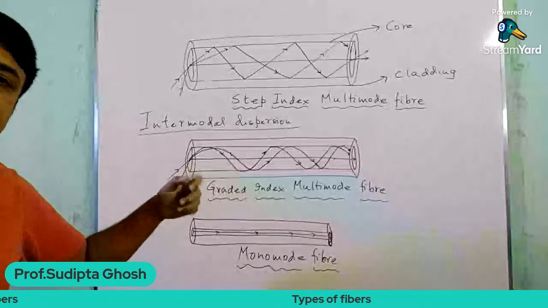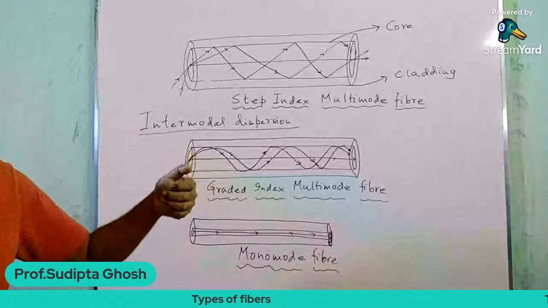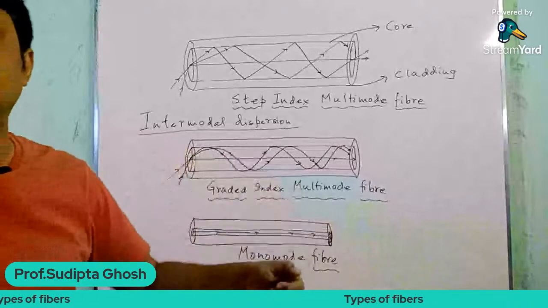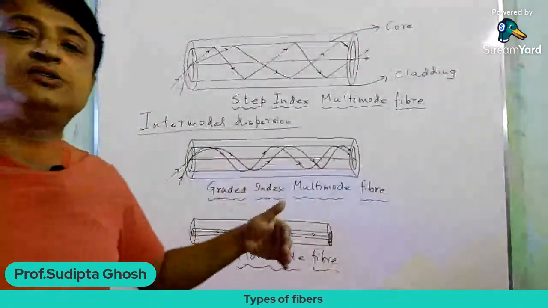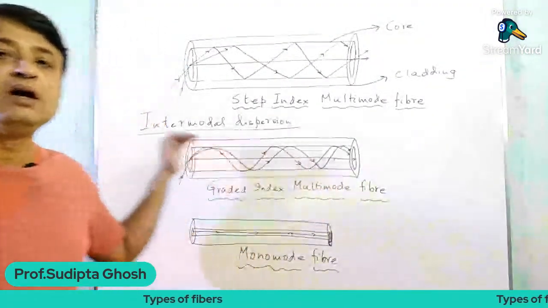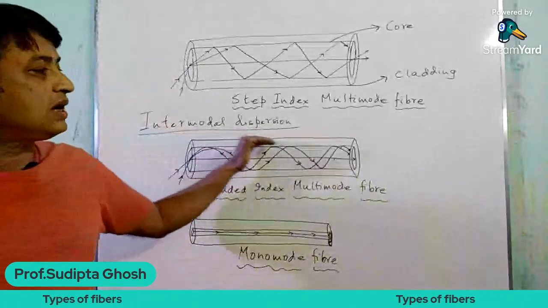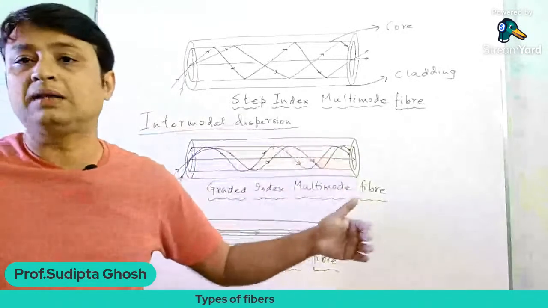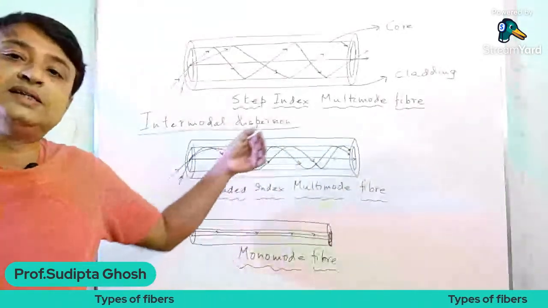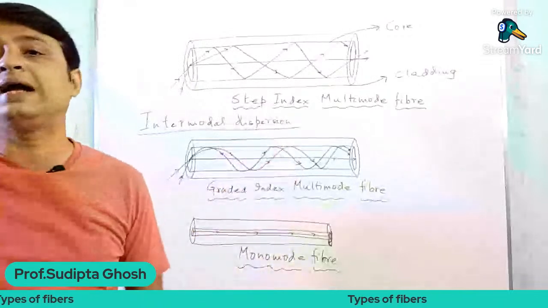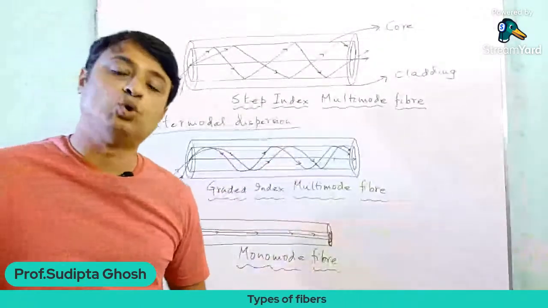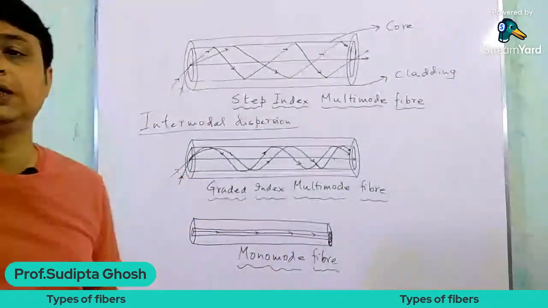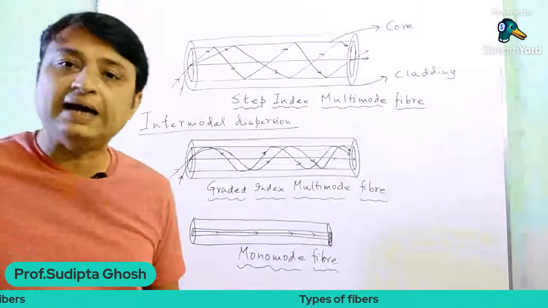The rays spiraling around the core cladding interface may take a longer path, but as the refractive index is smaller there, the velocity of the rays is higher.